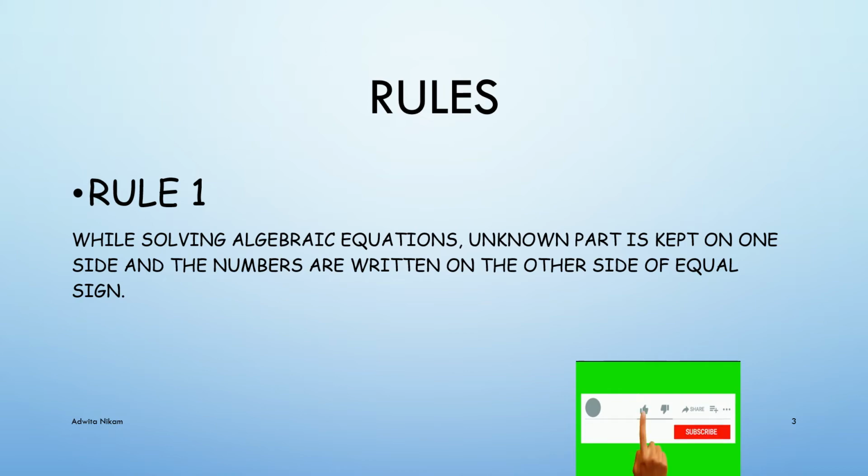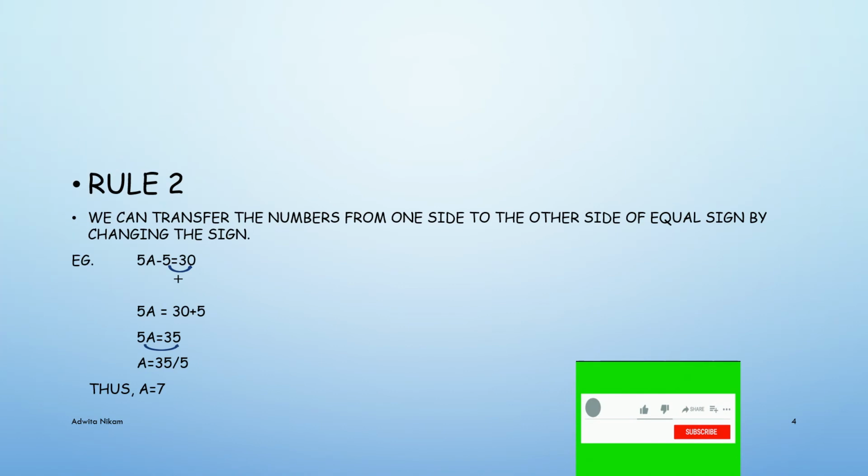Now let's check rule 2. Rule 2: we can transfer the numbers from one side to the other side of the equal sign by changing the sign. Okay, so I told you that we could transfer the numbers, but we have to change the sign.